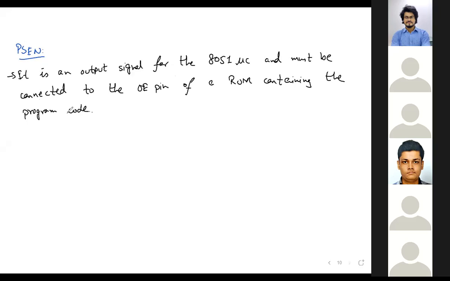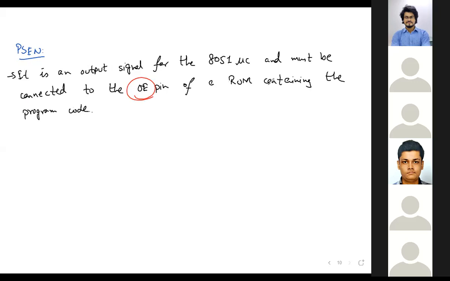This one is actually easier than the rest. This is also very straightforward. It is an output signal for your microcontroller, and it must be connected to the output enable of external ROM, the external ROM containing the program code.